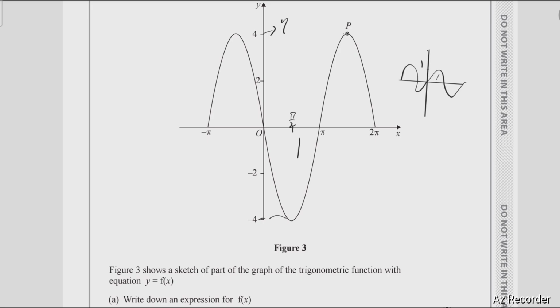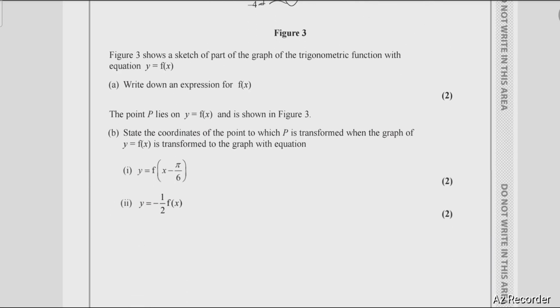That's point P. Now that's 3 pi over 2, or 270 degrees. That's the point in the original graph. Say the coordinates of y equals f of x minus pi over 6. Now inside the brackets minus, which means pi over 6 units to the right, not to the left.